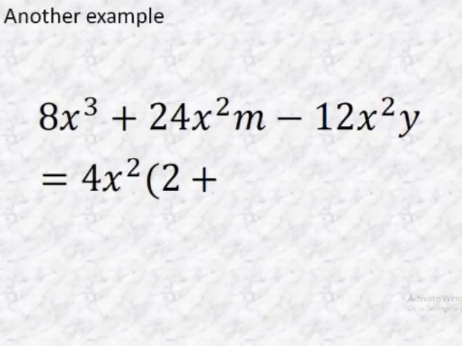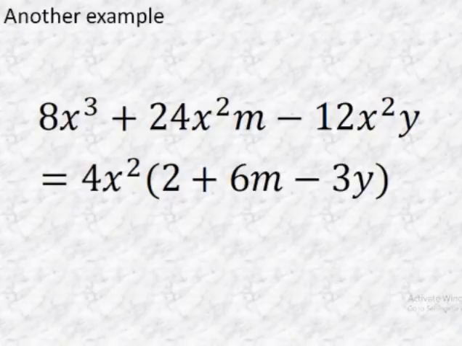In the first one, 2 is left. In the second one, 4 times 6 is 24, so 6 is left and m is left. And the third one, 4 times 3 is 12, and y is also left. So we now have 2 factors of this polynomial, which has 3 terms. 4x squared is a factor, and 2 plus 6m minus 3y is a factor.